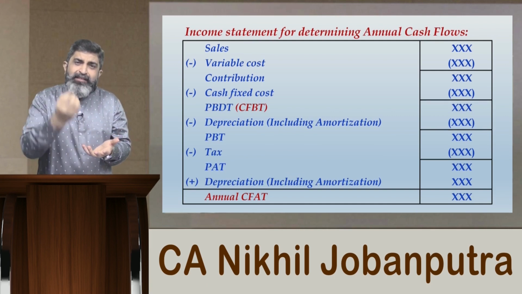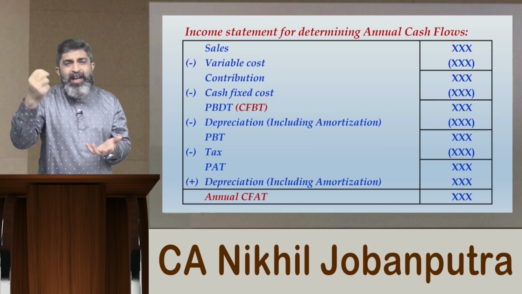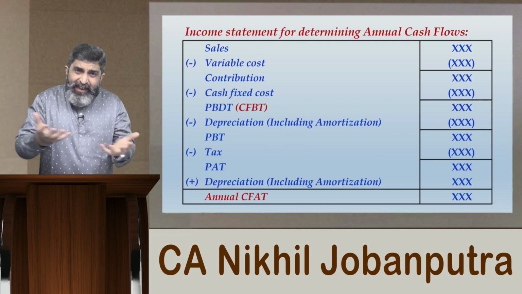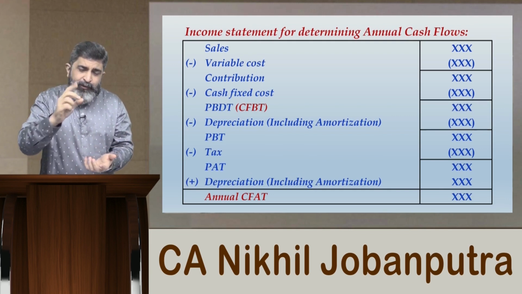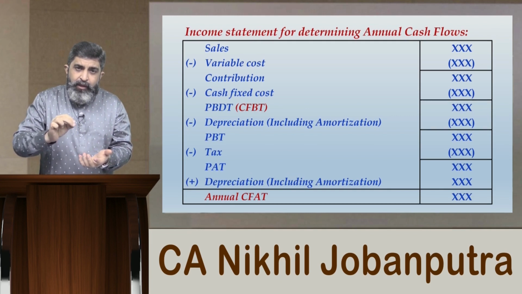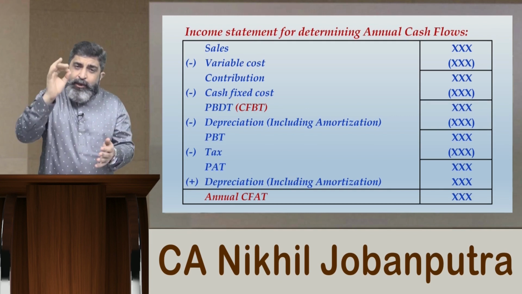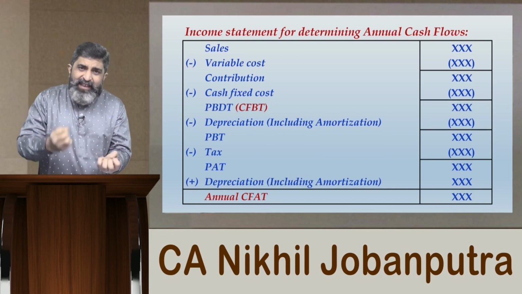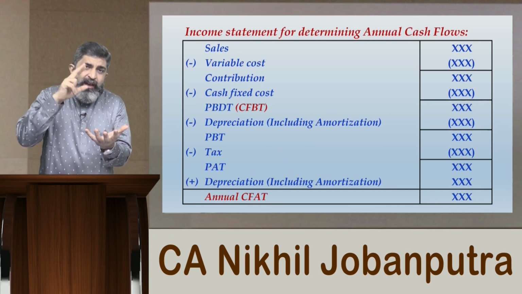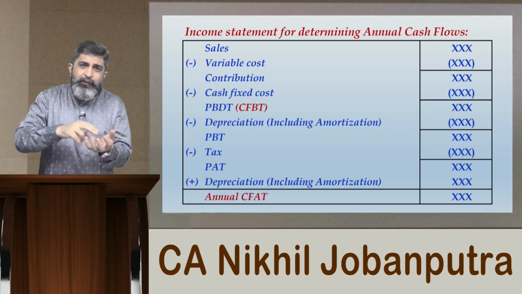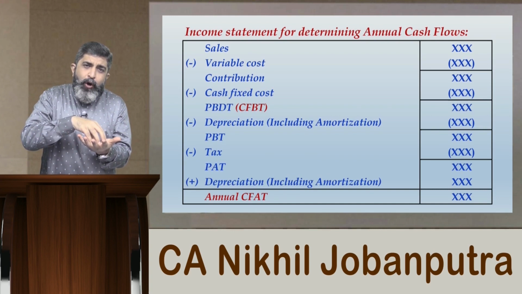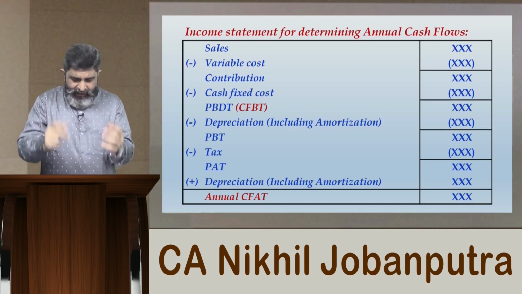That means the capacity of a business to generate income in the form of purely cash income, net of everything, net of tax, the final net amount of cash flow which will be available for the company for its growth, dividend, etc. That amount of cash flow we are trying to find out.